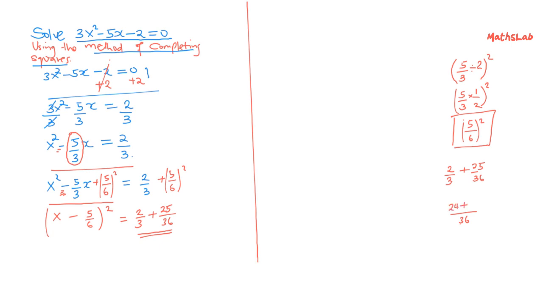We are going to add 36 would go into 36 once, multiplied by 25 is 25. And that will simplify into 49 out of 36. So we want to take this and write it on the right hand side of the equation, 49 out of 36. On the left hand side, we still have x minus 5 out of 6 squared.